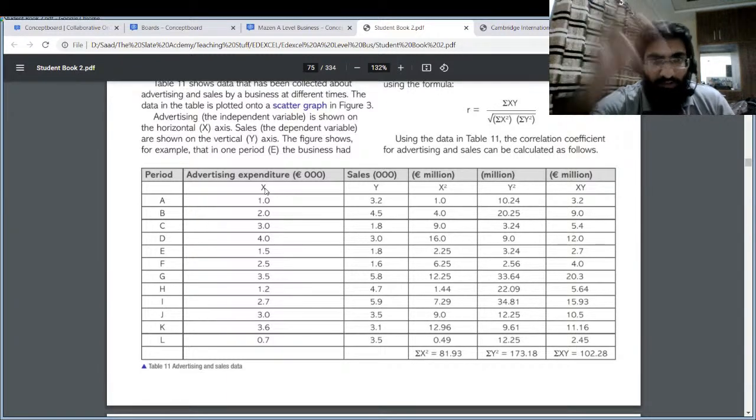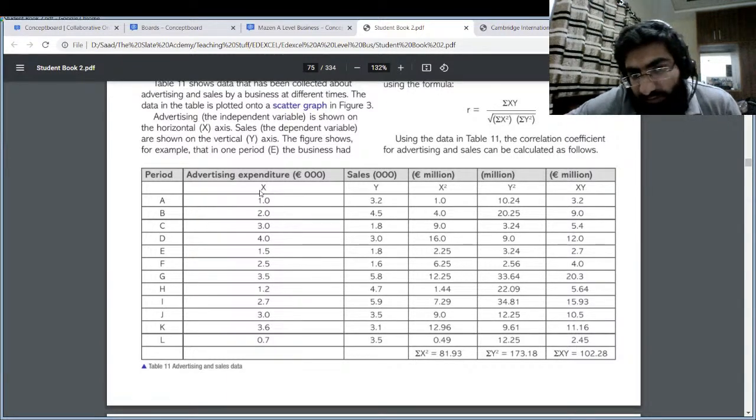So advertising expenditure is the independent variable, whereas sales is the dependent variable. You have all these values for different periods where you carried out this much advertising expenditure, and as a result, you got this much sales.